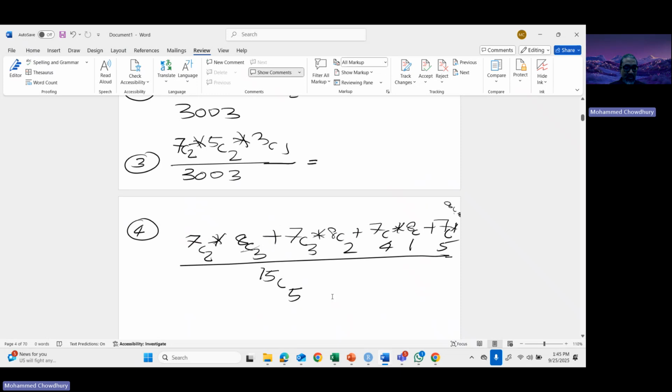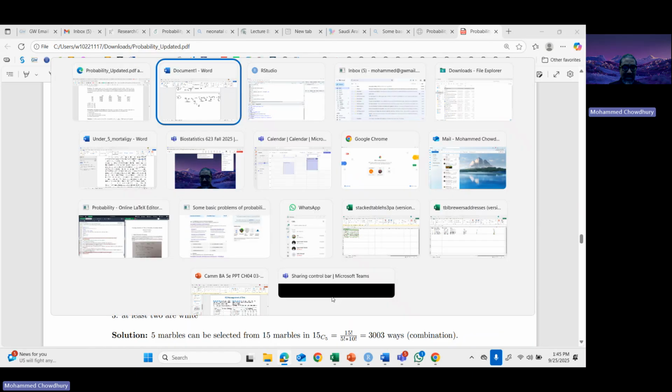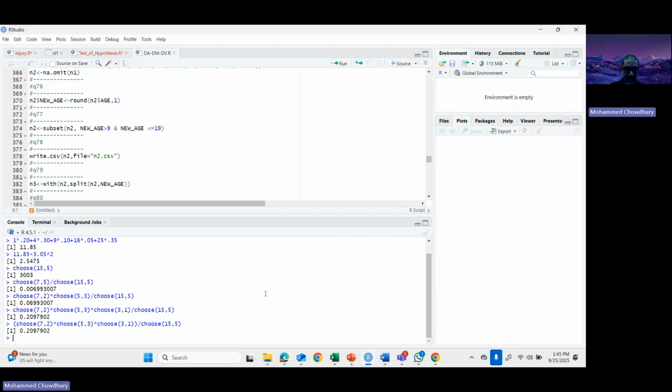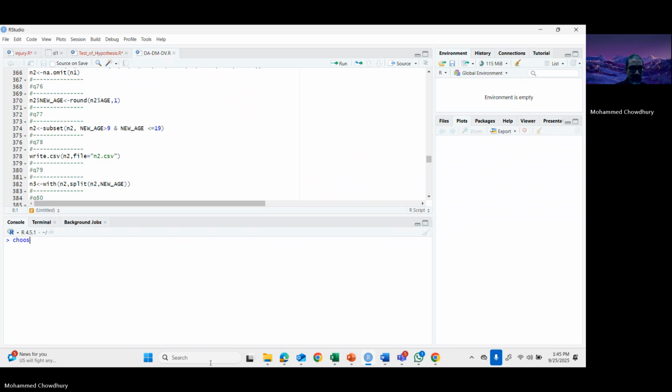Now how can you solve this problem? You can come in here in R and use choose. I have 7 choose 2 times 8 choose 3 plus another term. I put a big bracket here, then 15 choose 5 in the denominator.